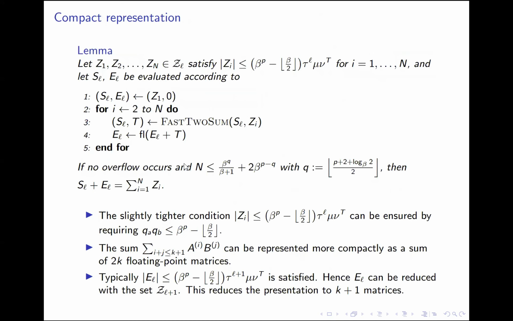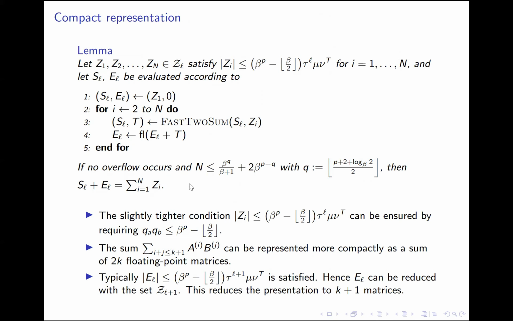So given this condition, it can be proved that if you apply just the compensated summation algorithm to all the matrices within such a set, the resulting matrices S_L and E_L, their sum is identical to the sum of all the matrices within the set.